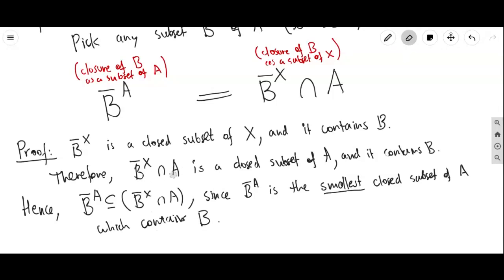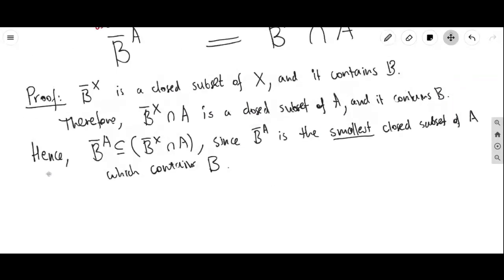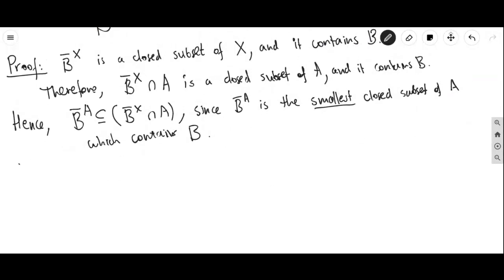On the previous line, we said that this is a closed subset of A, and it contains B. But by definition, the closure in A is the smallest closed subset of A which contains B. So since this is the smallest such closed set, it's a subset of whatever that is. And I'm going to be very lazy here. It would be nice if you can do this on the exams, but you can show that it's also true the other way around.